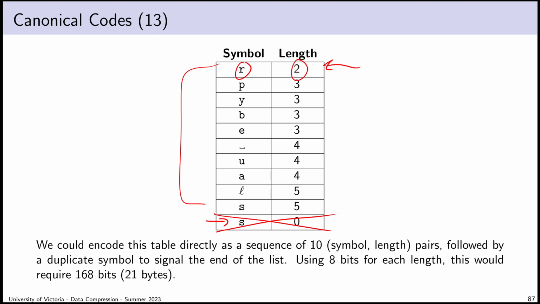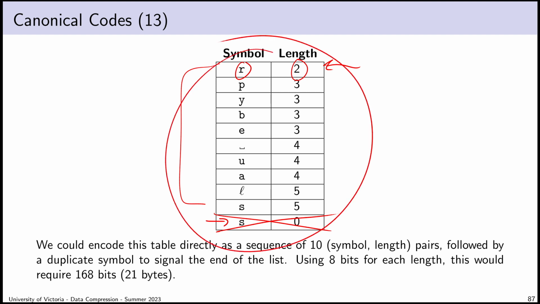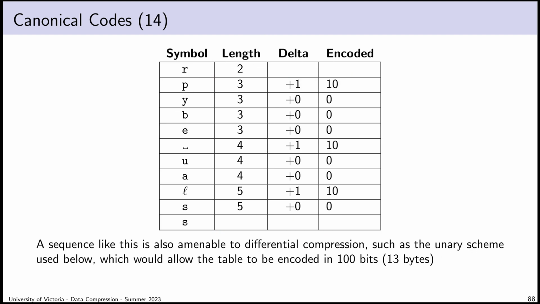If I used 8 bits for a length, which for this code would certainly be enough, this would require 21 bytes, which isn't that bad, but it's still 21 bytes. For a tiny input like the one that this one came from, that would be pretty significant. It would negate a lot of my compression advantage. However, as I mentioned a few minutes ago, the fact that the lengths are in ascending order means that I could benefit from delta compression, and then maybe some RLE, as we've done a few lectures ago.